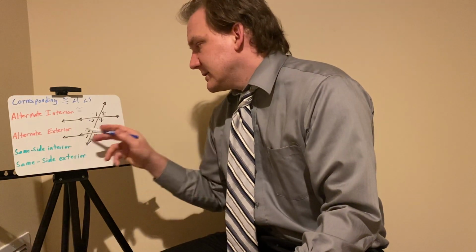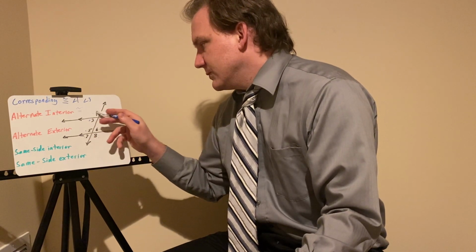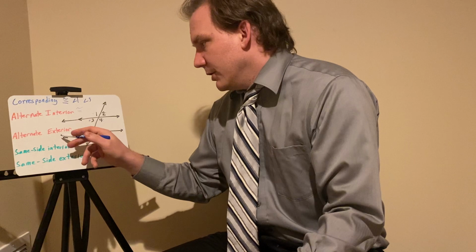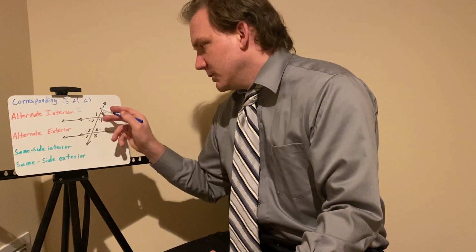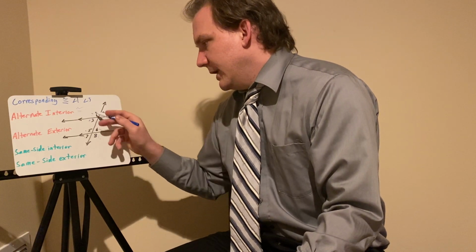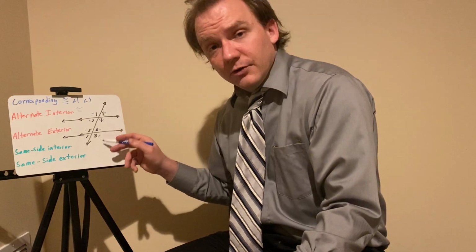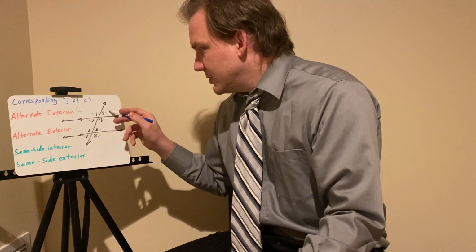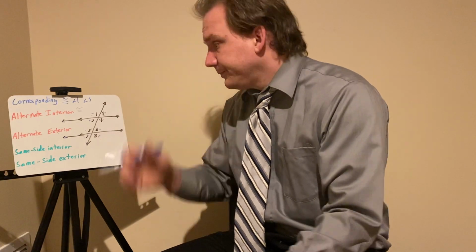Alternate exterior is the other one. You go outside the parallel lines: 1, 2, 7, and 8 are your exterior angles. So 1 and 8 are across the transversal and outside the parallel lines, so they are alternate exterior, and congruent. 7 and 2 are alternate exterior and are also congruent.